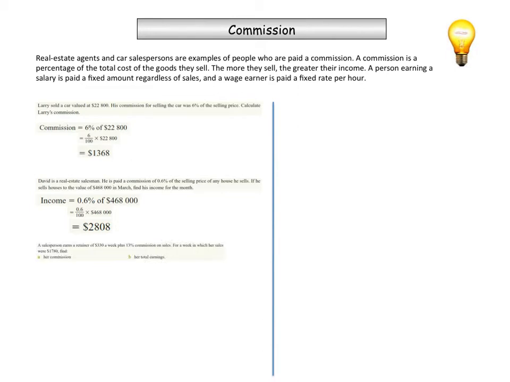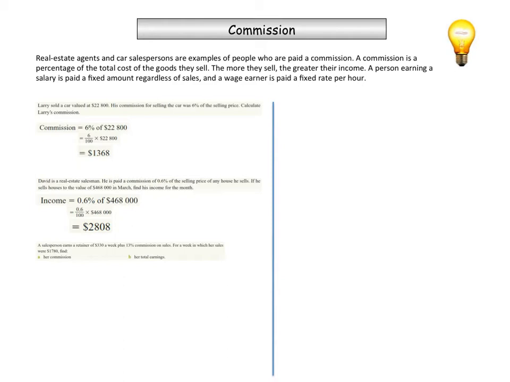Now another way that salespeople can be paid is they get a retainer. $330 a week is this person's retainer, and they get that every week regardless of whether they sold anything or not. So for a week in which their sales were $1,780, find her commission.